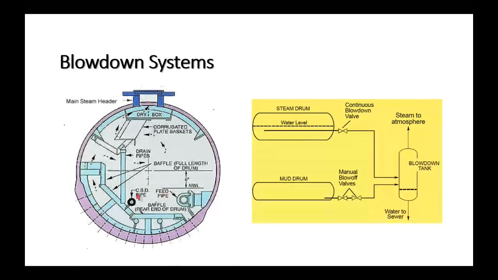Okay, so where do we stick the continuous blowdown pipe? Here's our boiler water level. Within the top 6 inches or so of the boiler water level, that's where we get the most TDS. And I actually worked with a guy who, on his shift, if he was trying to lower the TDS, would actually change the boiler water level because he knew the position of the continuous blowdown pipe.